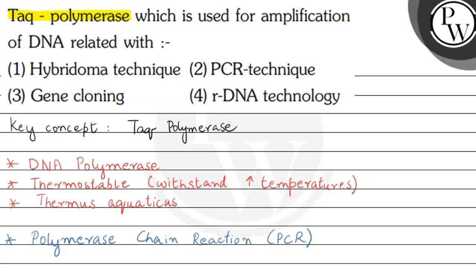This enzyme plays a very important role in polymerase chain reaction, and with the help of polymerase chain reaction, DNA amplification takes place. Now, if we see the basic steps of PCR, then multiple copies of the target DNA sequence can be made with the help of PCR.